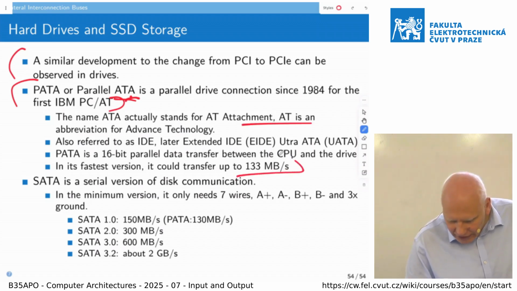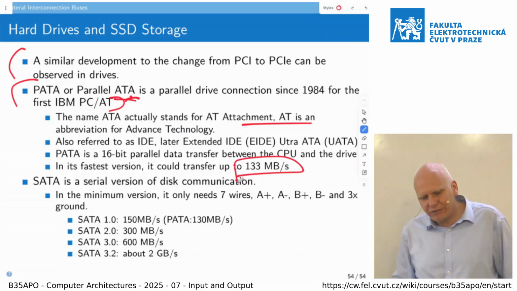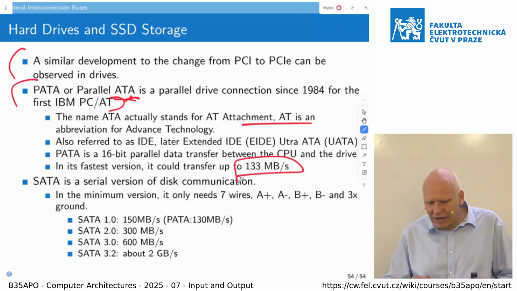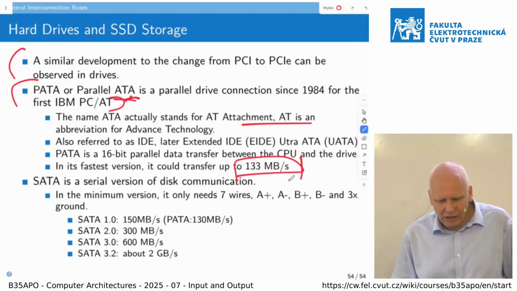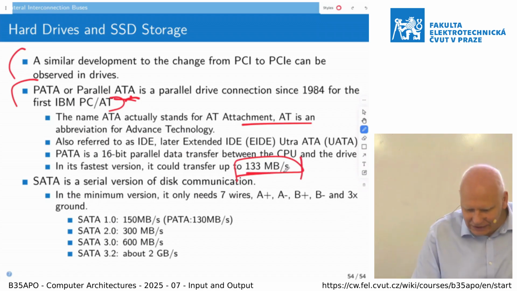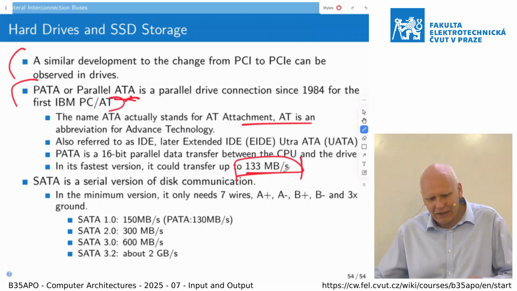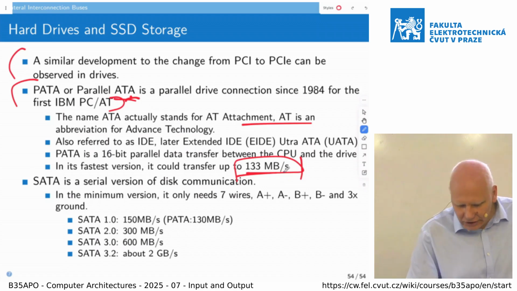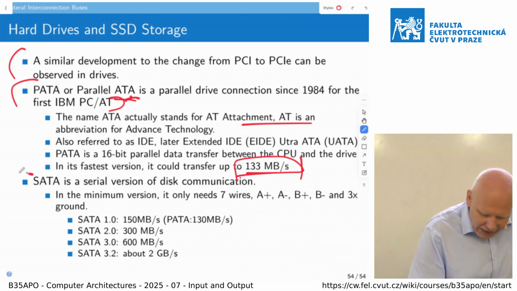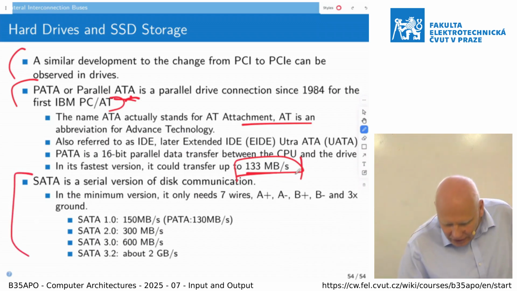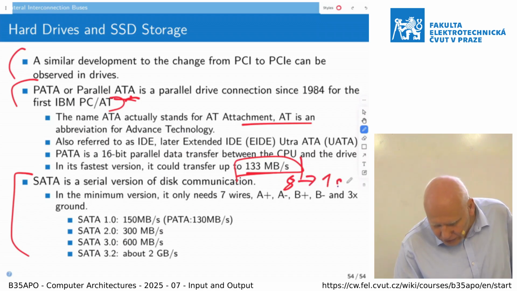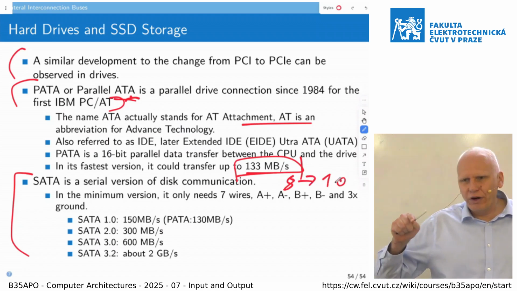It was again limited by frequency, because on parallel wires you reach a physical limit, in this case 66 megahertz on the link.